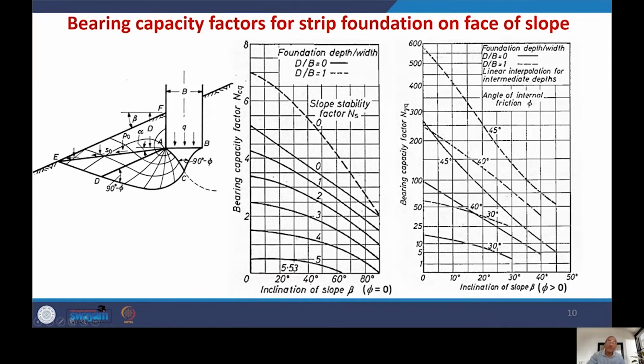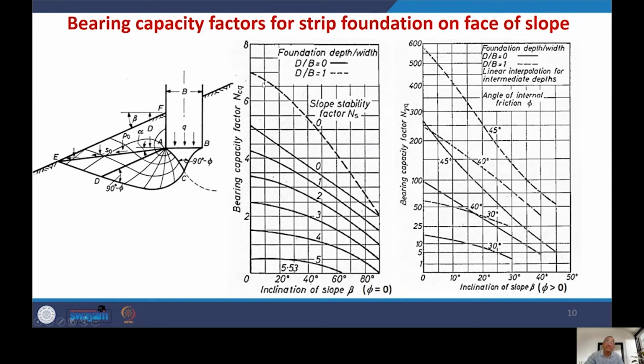So anyway, in the first case, when we talk about NcQ, there are two curves. One is d by b equal to 0, which is the solid line, while the second is the dotted line, and this dotted line is the case when the depth of footing equals the width of footing. For the dotted line, there is only one curve, which is when the slope stability factor Ns equals 0.